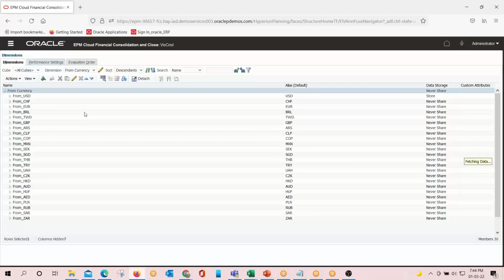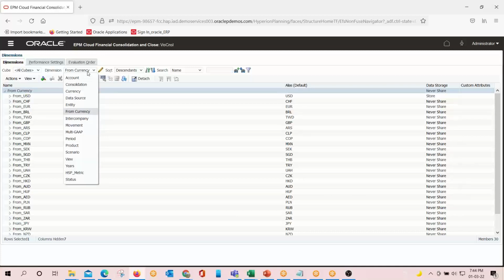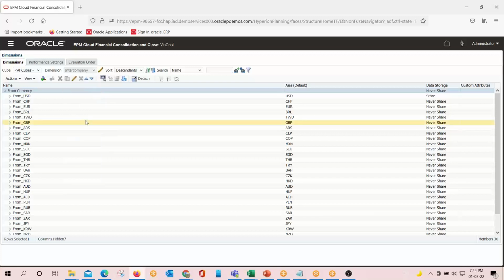Similarly, we have currencies defined for different entities, which helps us calculate the figures. In case of foreign currency, by defining the foreign currency exchange rates, we can automatically calculate the foreign currency value.